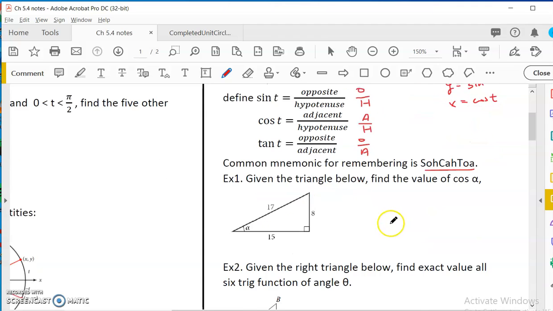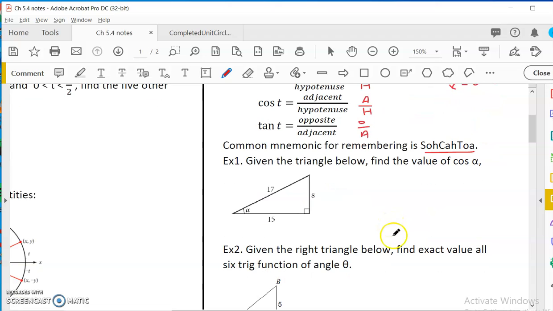Okay, so let's do some drills about writing sine, cosine, and tangent of a right triangle. If I have an angle alpha, I want to find cosine alpha. How do I find it? You can see that this right triangle has all three sides given. Let's remember SOHCAHTOA.